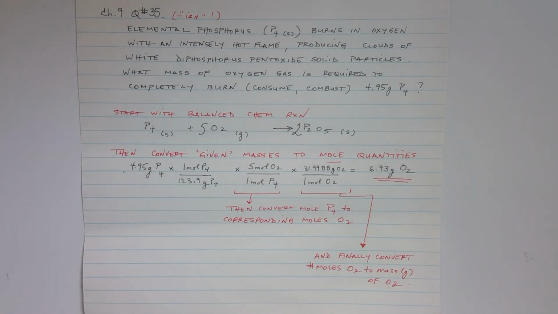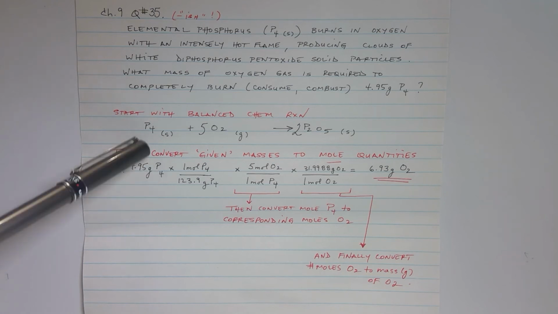So start with the balanced chemical reaction, got it? And then think about what you want to do in terms of a calculation or conversion pathway. So we're starting with the mass of phosphorus, the mass of a reactant.